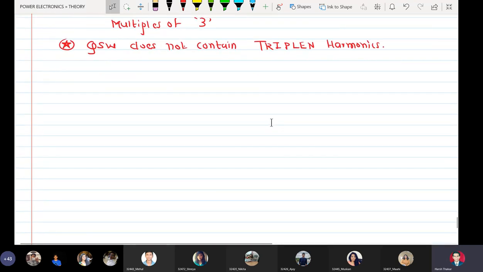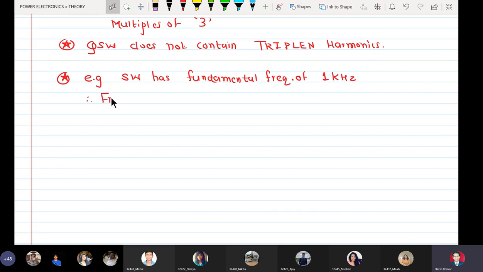Students, so now this is our justification. For example, a square wave has a fundamental frequency of 1 kilohertz.